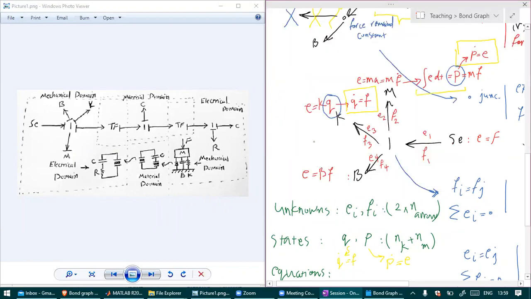Just before that, let me talk about the concept of causality as well. So causality is identifying the elements that define the system flow or effort. For example, for a source of effort, what does it impose on the system? Is it the effort that is prescribed, or is it the flow?